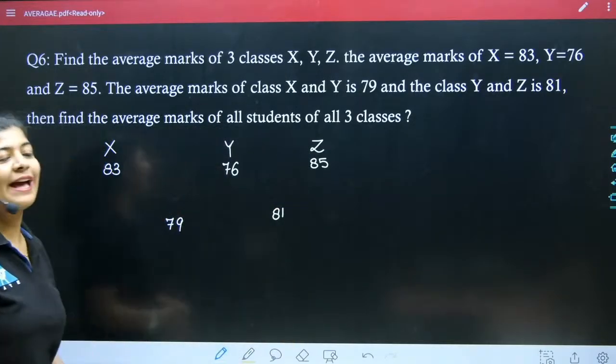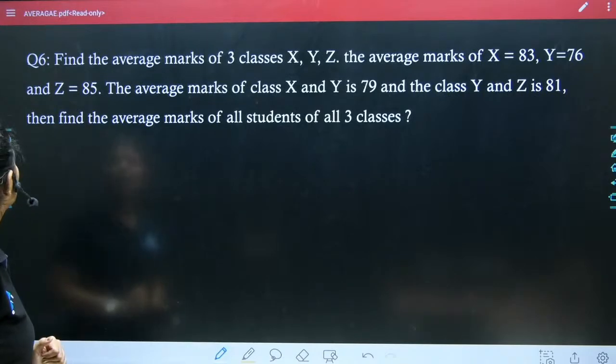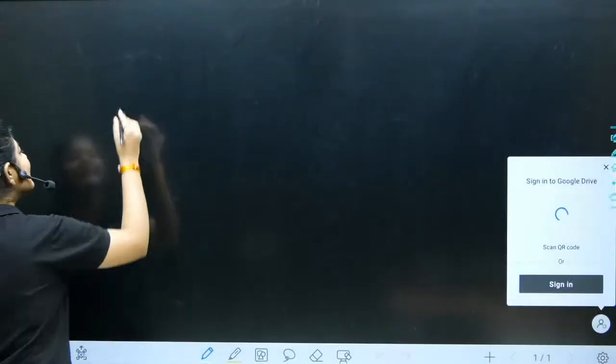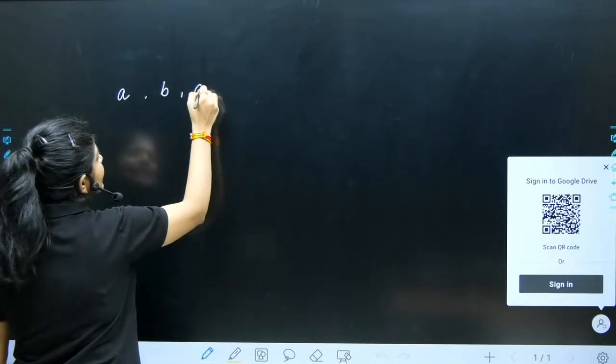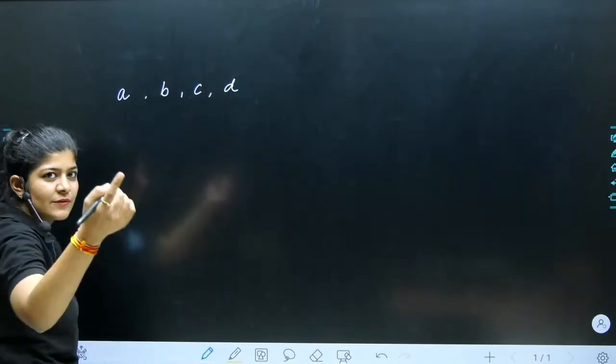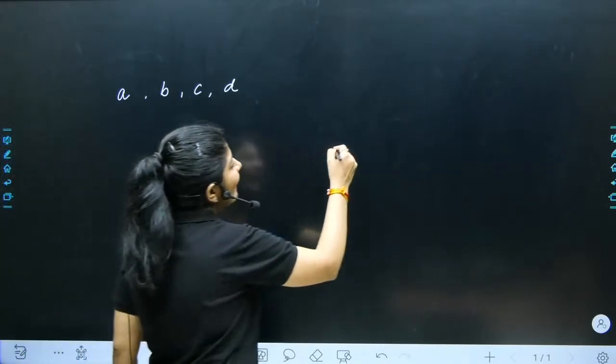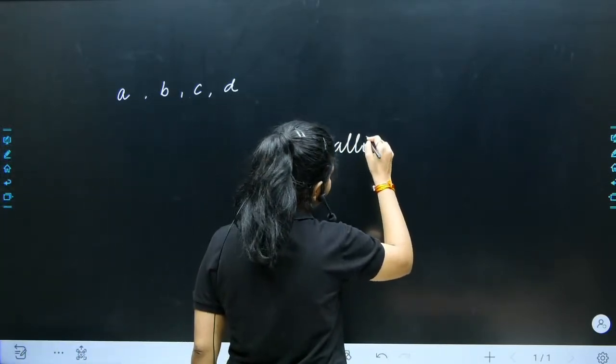Now whenever we have such type of things, whenever I am having A, B, C or D, something like these values, what I have to do is put allegations.